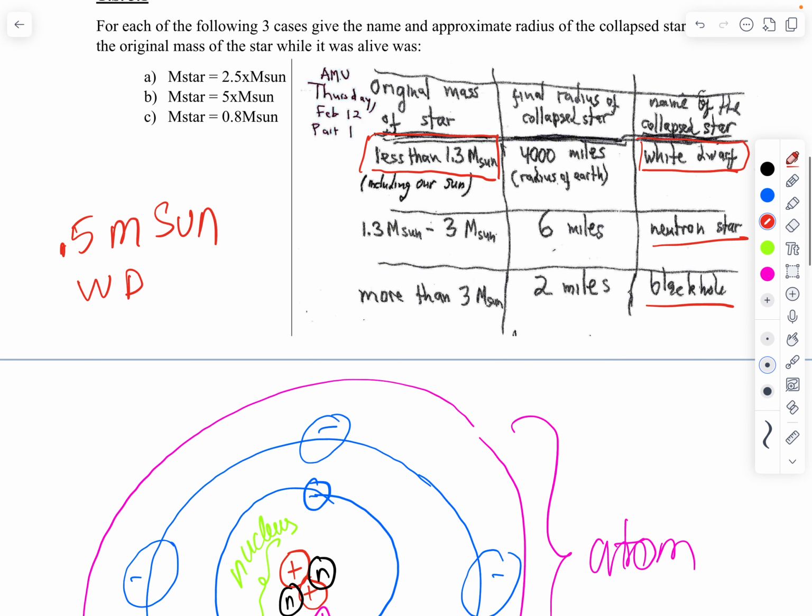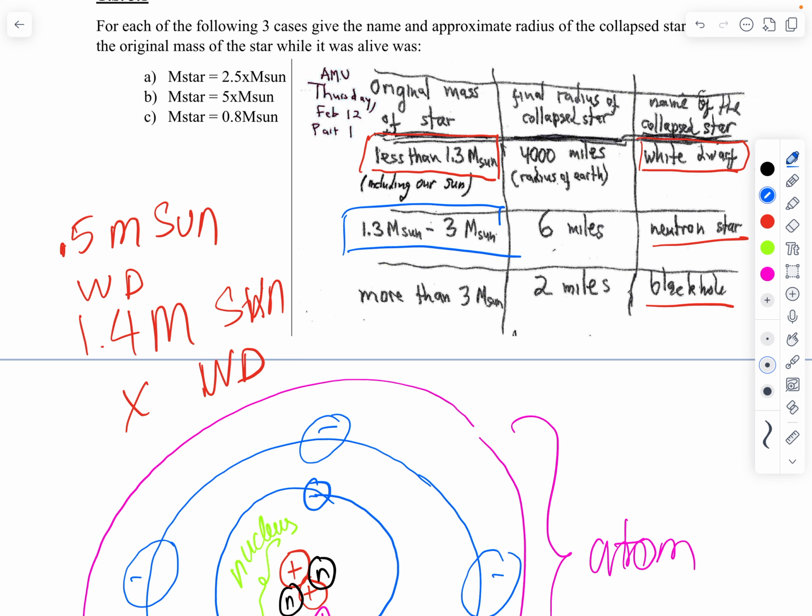But if it's, let's say, 1.4 mass of the sun, it is not a white dwarf, but it will be a neutron star, because a neutron star is 1.3 to 3 times the mass of the sun. You don't really have to know the math about this, you just gotta know the concept of it, like the gatekeeping factor.